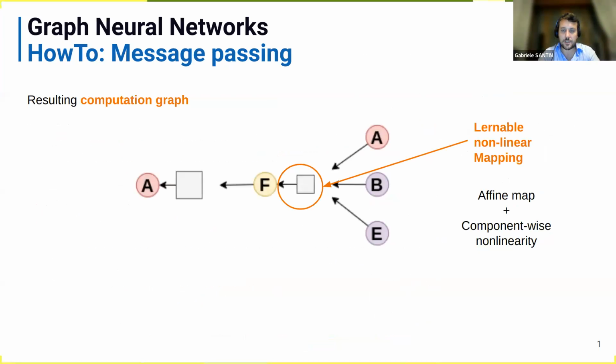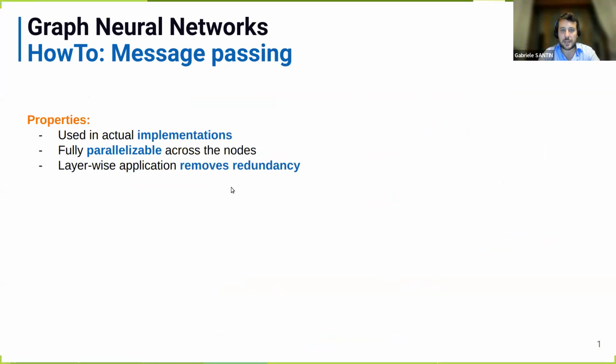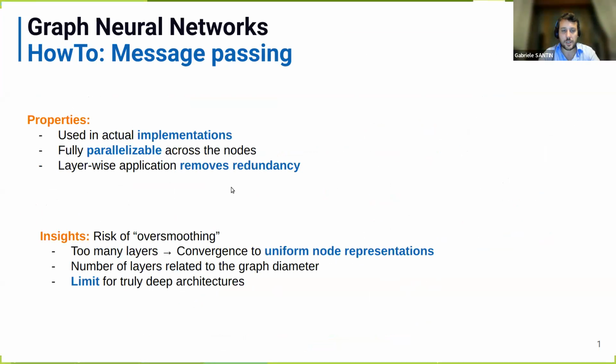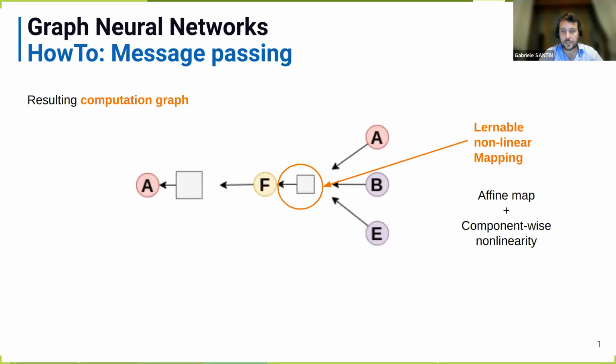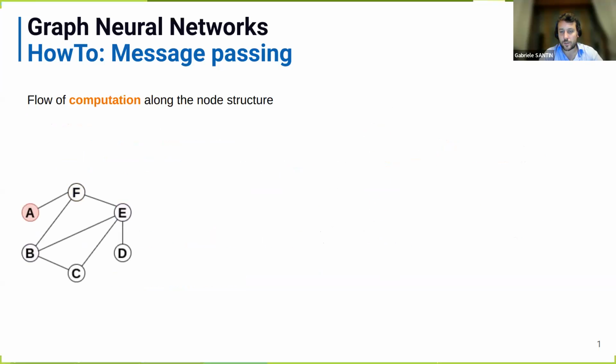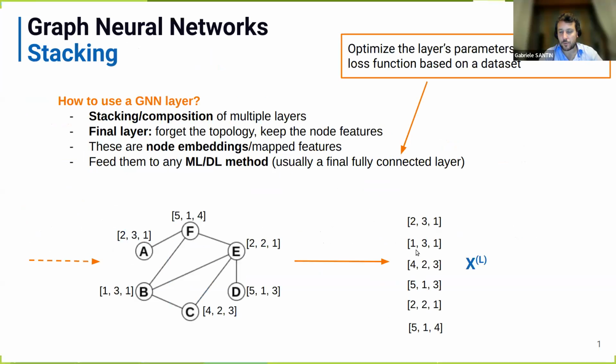Since the information is propagated from one node to the other, if you run too many layers, so if your network is too deep, the representation will more or less converge to a uniform node representation, because you are just propagating the same information over and over to all the nodes. So by the end, your node representation will likely be very similar between one node and the other.